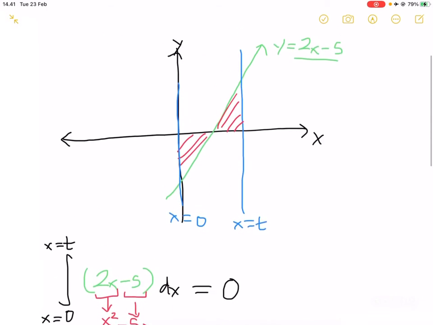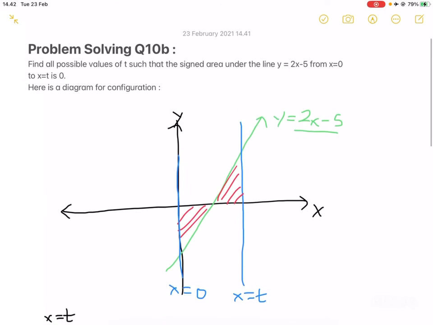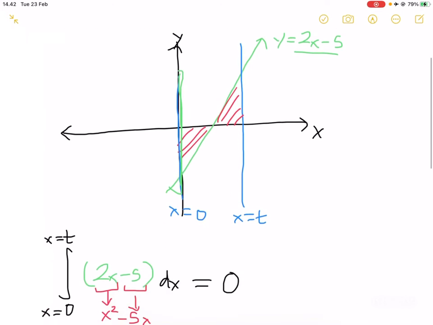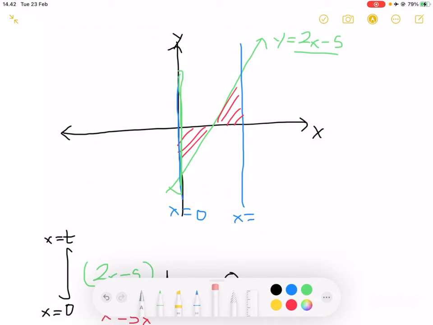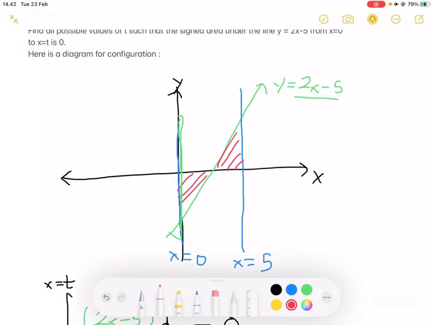And when you look back at the question, if t equals 0, the area bounded under the line y equals 2x minus 5 from x equals 0 to x equals 0 is just 0 because it doesn't contain any area at all. And when you look at t equals 5, notice we have two triangles, one with negative area since it's under the x-axis, and one with positive area.